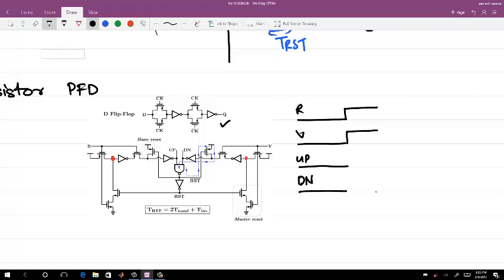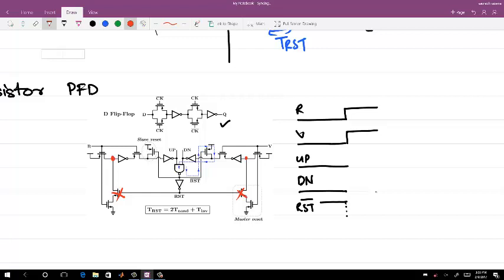If your up and down signals both are low, your reset bar signal is high. So reset bar signal is high, and at that time reset is low. So if reset is low, this transistor is cut off. Both of them are off. Okay, now look at this.